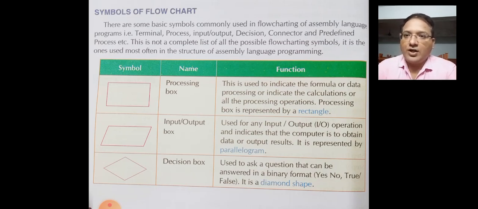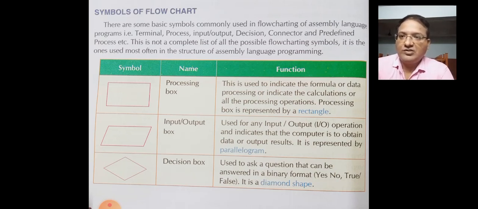This is not a complete list of all the possible flowcharting symbols. It is the ones used most often in the structure of assembly language programming. So these are the symbols that are most commonly used.